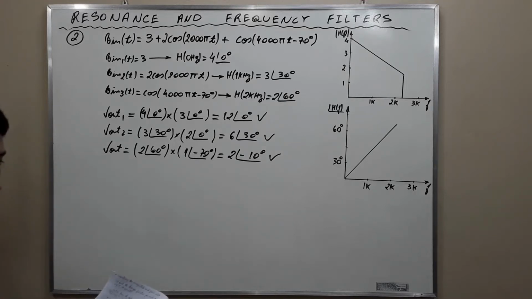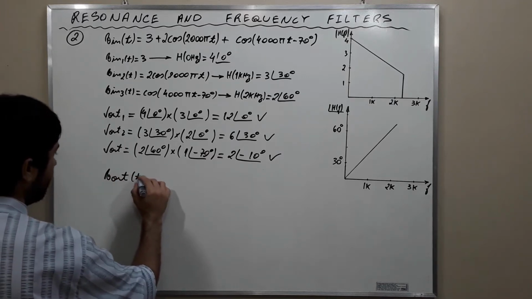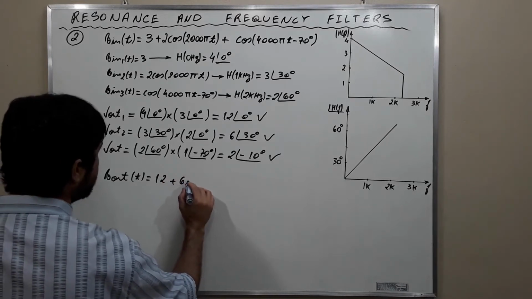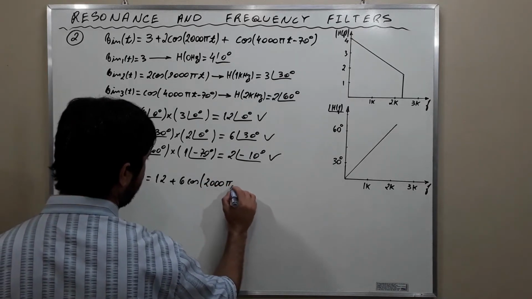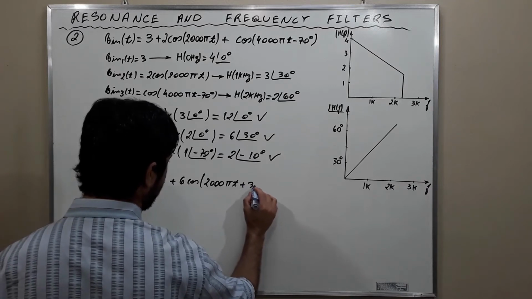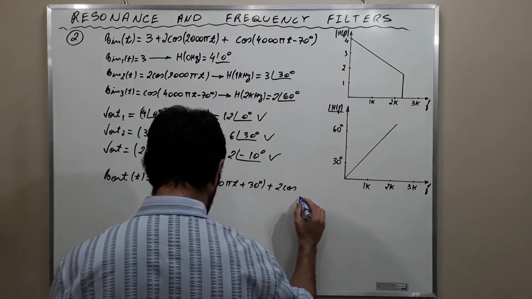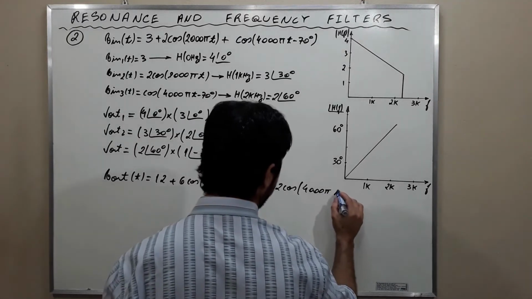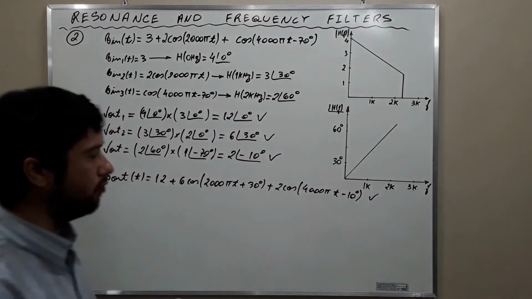And after doing this, the output signal becomes V out of t is equal to 12 plus 6 times the cosine of 2000 pi t plus 30 degrees plus 2 times the cosine of 4000 pi t minus 10 degrees, this all in volts.